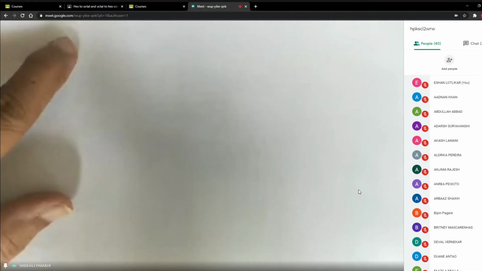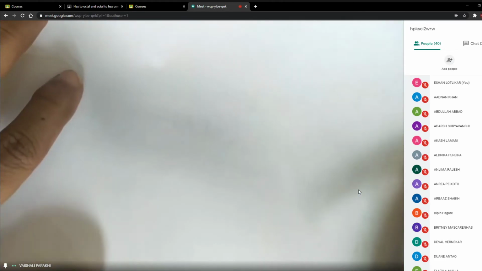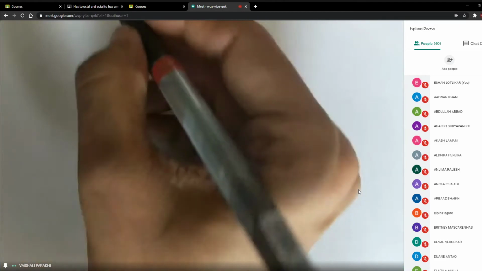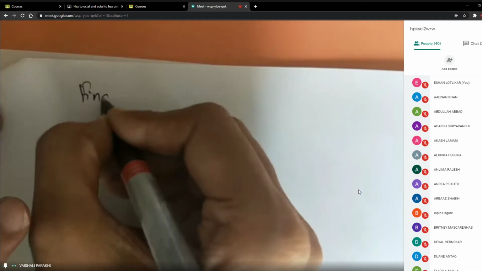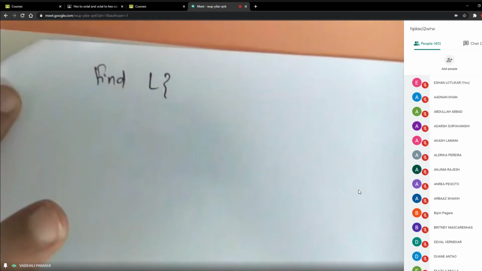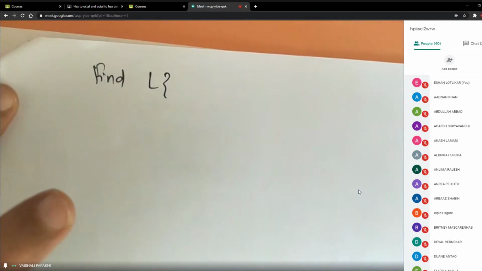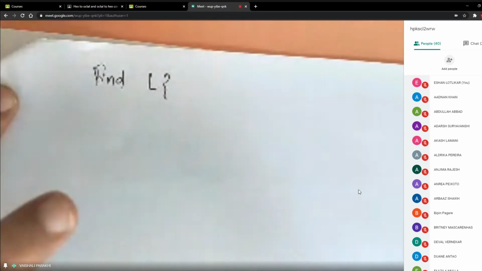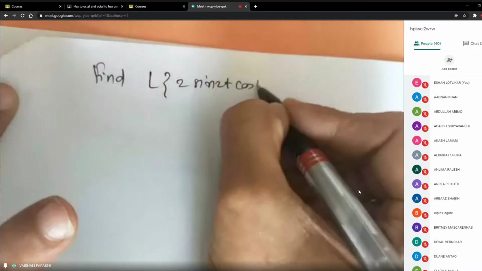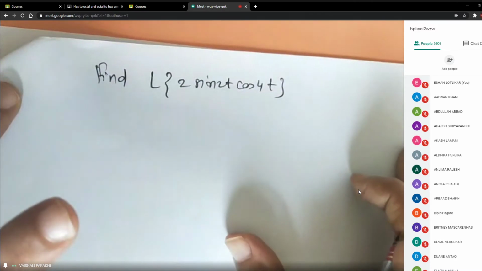Find Laplace transform of 2 sine 2t cos 4t.